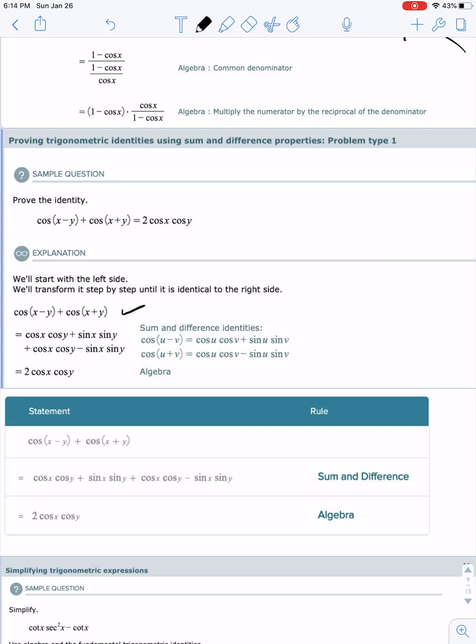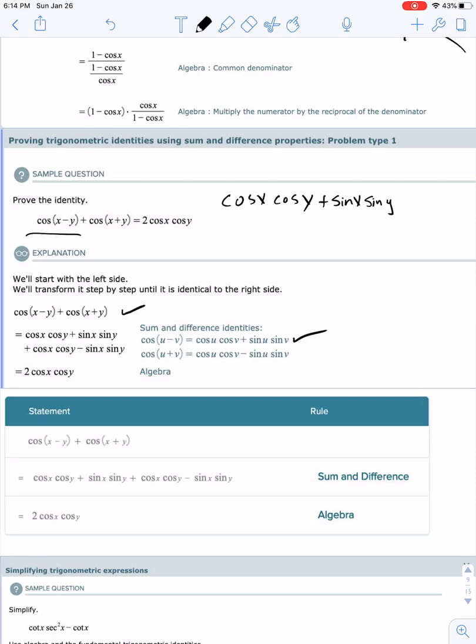So cosine x minus y, there's the identity we're going to use for that. So we're just going to substitute in. We're going to expand this first. So that's going to give us cosine x cosine y plus sine x sine y.